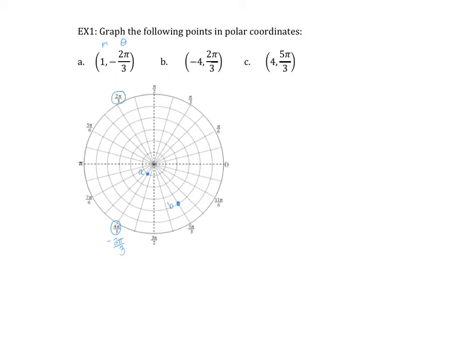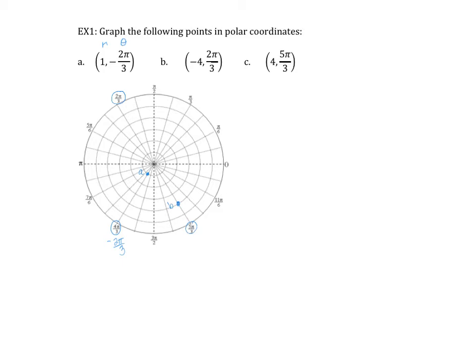Part C, r is 4, and theta is 5 pi over 3. So first of all, I find my theta 5 pi over 3, and then I go a positive 4 units towards that theta, since r is positive.